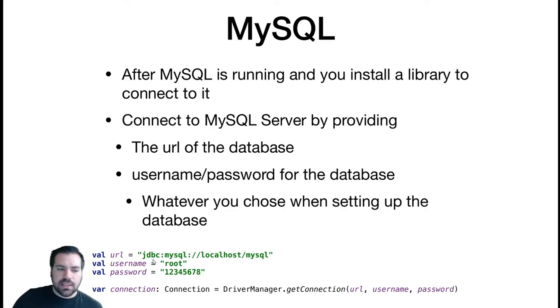So this is the default URL that I'm going to have with the JDBC protocol. And then I have to specify that username and password that I set up when I set up the database. I just happen to choose a very weak password here, 123456778, and I use the default username of root for my username of the database.